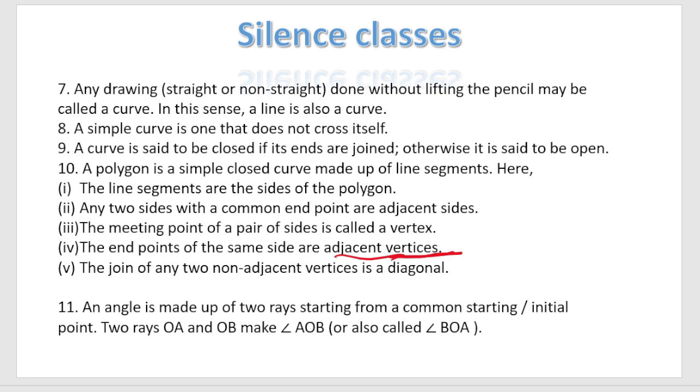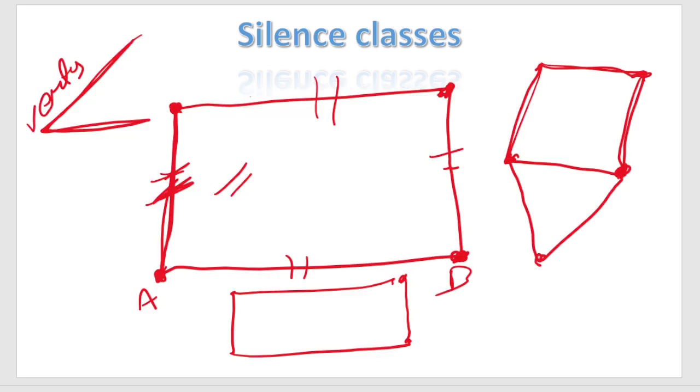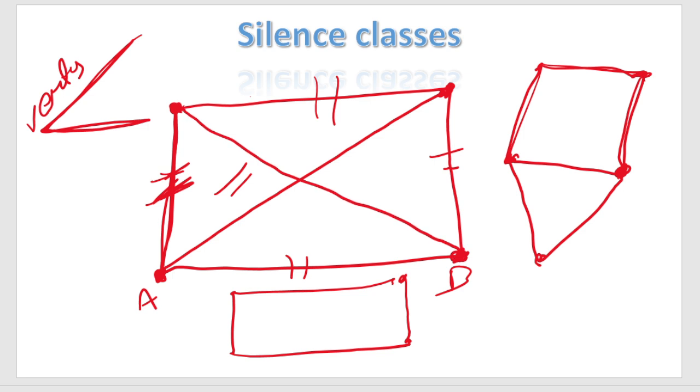Okay, now the joint of any two non-adjacent vertices is a diagonal. Is a diagonal means, if we take from here and draw a line to this vertex over here, like this, from this vertex to this one, it is known as a diagonal.